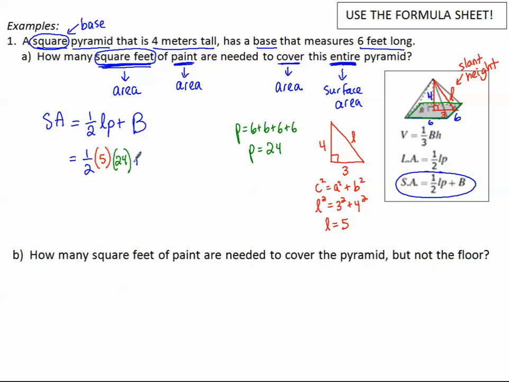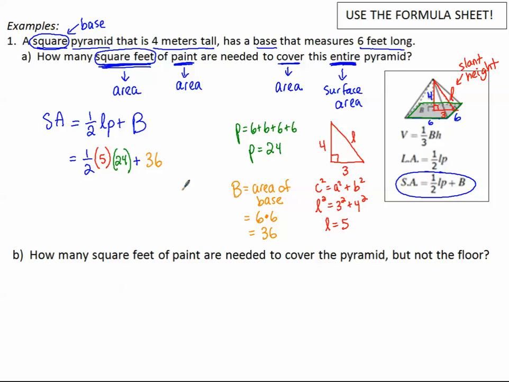Now I need capital B. Capital B means area of the base. The base is a square, so the area of my square is length times width, or side squared. 6 times 6 is 36, so that's the capital B, 36.